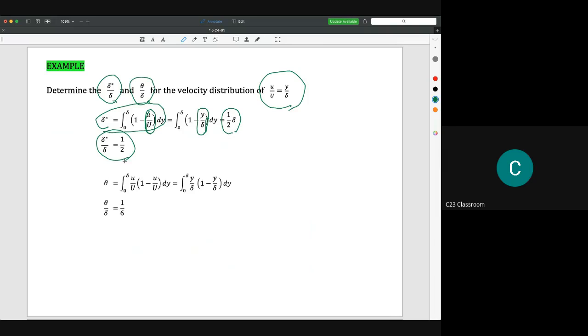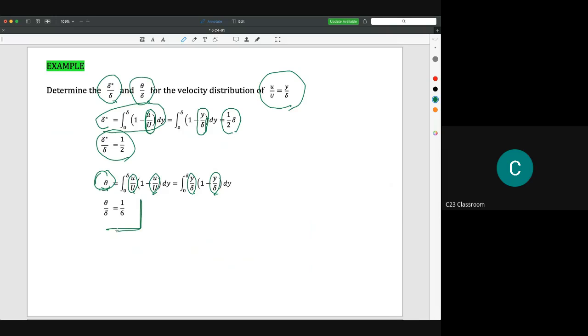And also for the momentum thickness, theta, this is the equation. We substitute u over capital U here with y over delta, do the integral, and substitute the limits 0 to delta. Finally, we get theta over delta equal to 1 over 6.